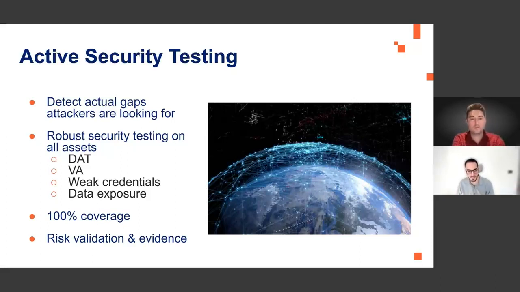In the best case scenario, once a quarter. What does that mean in terms of risk management? That means attackers have between 3 to 12 months, even on the assets I am properly testing, to find new vulnerabilities and exploit them.